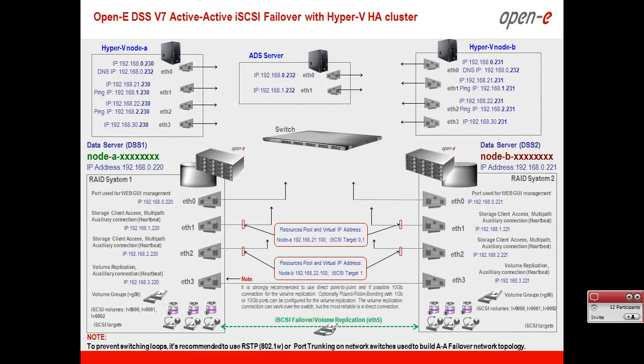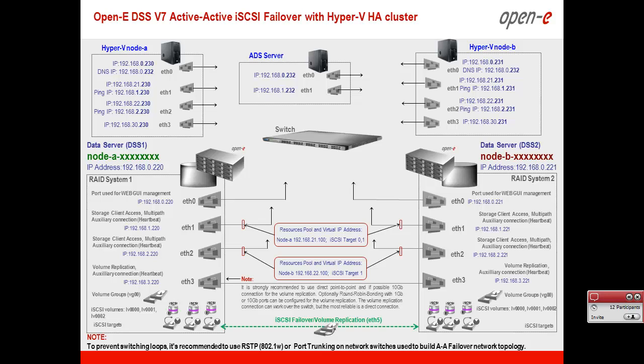The second Ethernet port will be for volume replication and the first will be for everything else: the web access and the storage access. So both resource pools will use ETH0 in such a case.